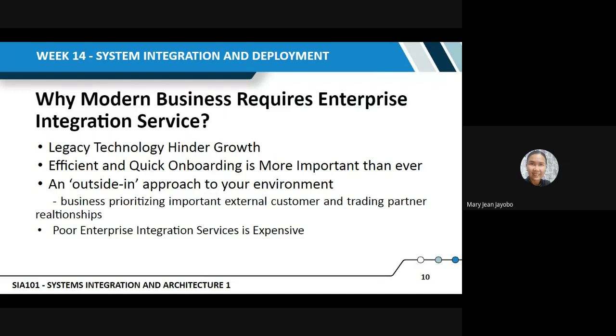When we throw the term outside in around, we are referring to businesses that are establishing an ecosystem integration model, where they prioritize their important external customers. Of course, in a business, customers play a very important part in their success, right? So important external customer and trading partner relationships, and they integrate those data flows into their internal system.